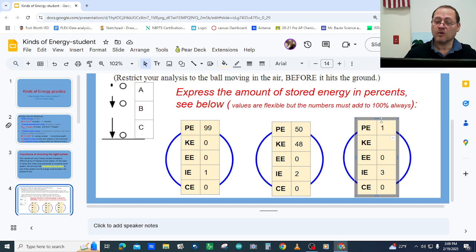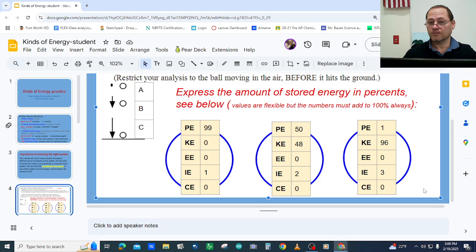So 3 plus 1 is 4, 100 minus 4, 96. So 96% of the energy is in the form of kinetic. When you add up the numbers, you get 100%. And so that's the way you assign different percents to the energies in a system. So that's the answer for number 1.